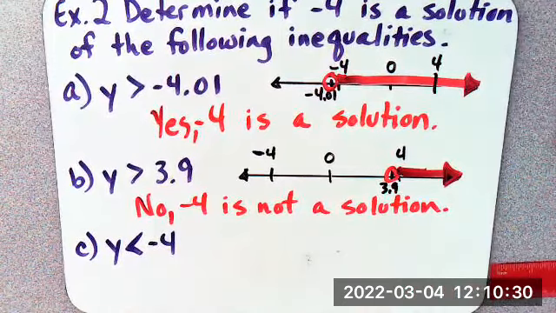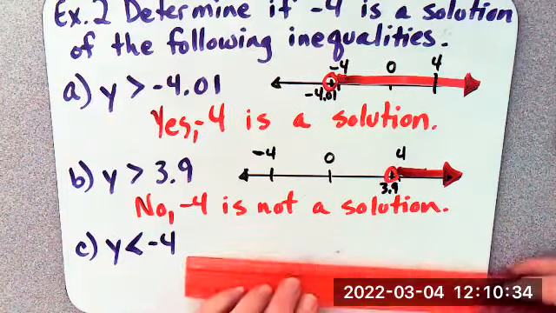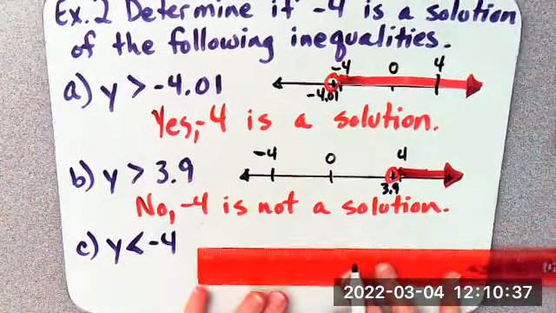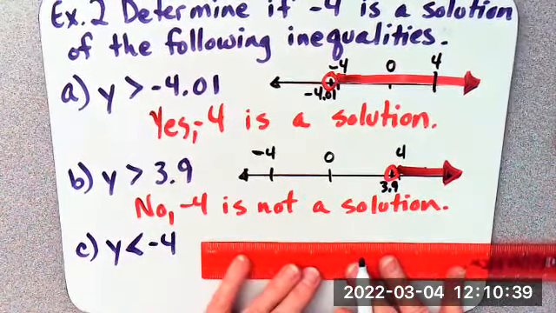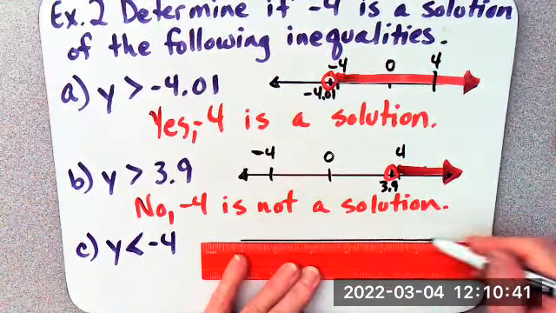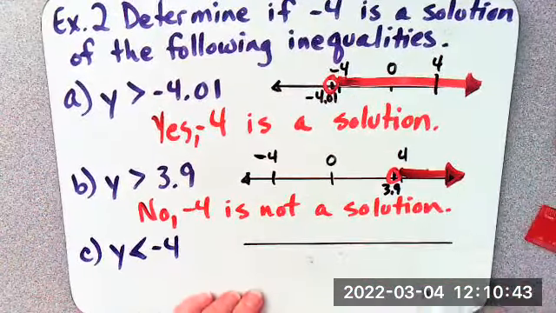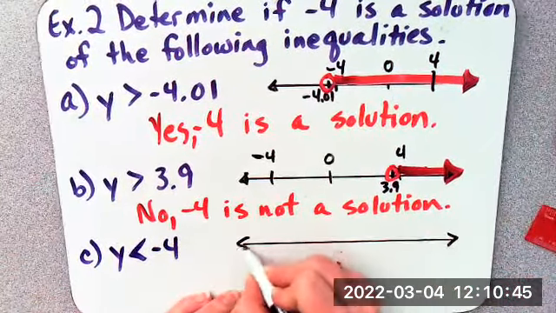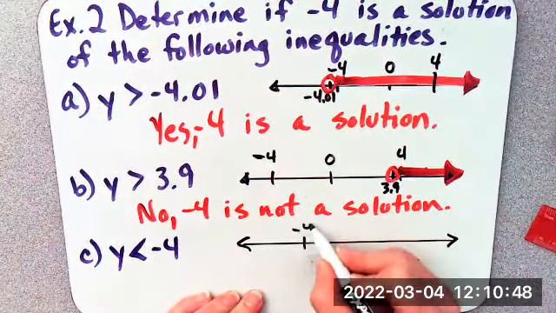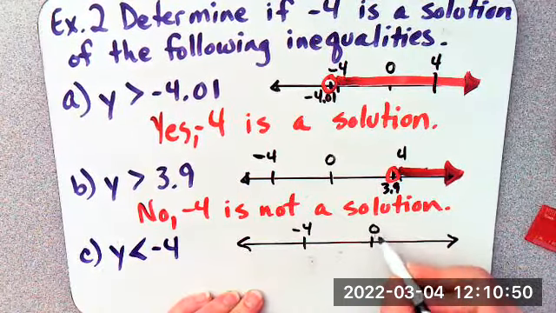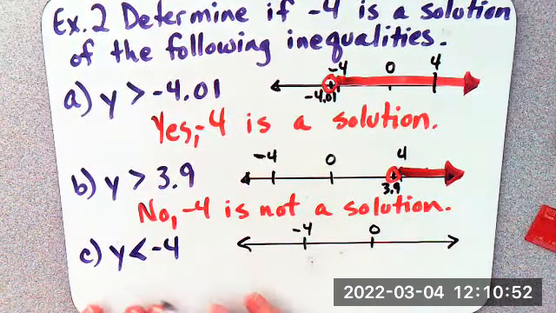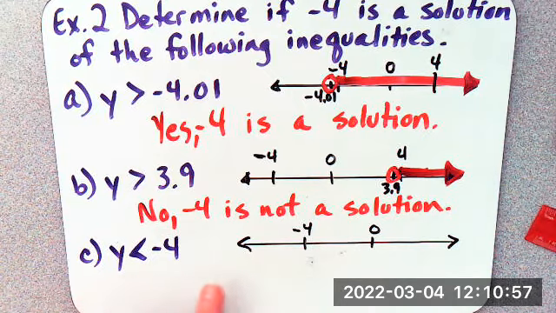All right, so let's look at this one. We have -4 and we have 0. This one says y is less than -4. So is 0 less than -4?